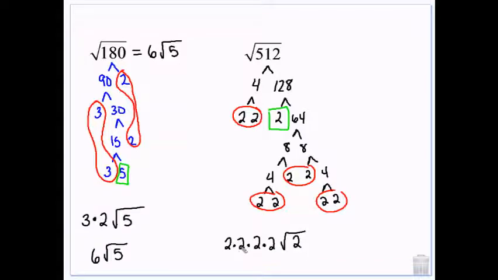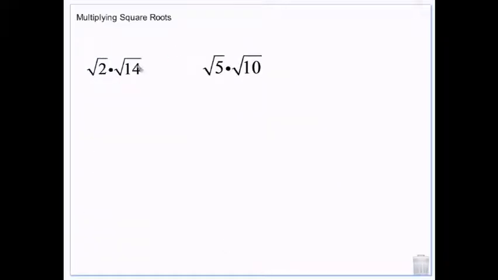So 2, 4, 8, 16, and another 2. By the way, 14 doesn't have any perfect squares in it. 14 is just 2 times 7, so it does me no good whatsoever to have a 14. And 2 is just 2, so I can't take the square root of that either.